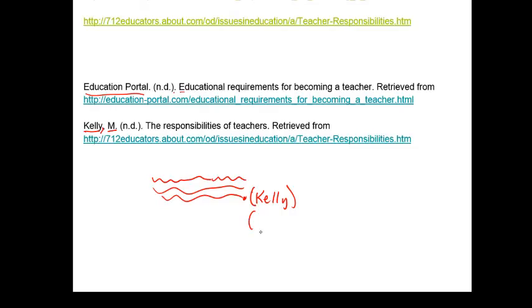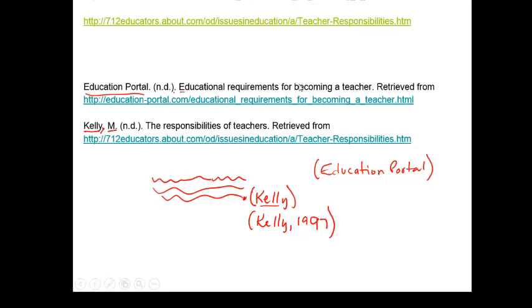If there was a year, then you would just put the last name followed by whatever the year is. If there is no year, then it's just the name of the author with no year behind it. Same with Education Portal. At the end of your paragraph, you would put Education Portal as your author, since there was no specific person listed, in parentheses, because there's no published year for that one either.